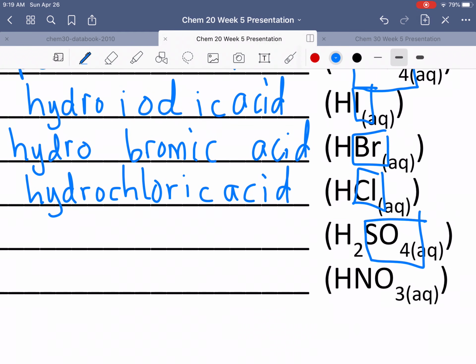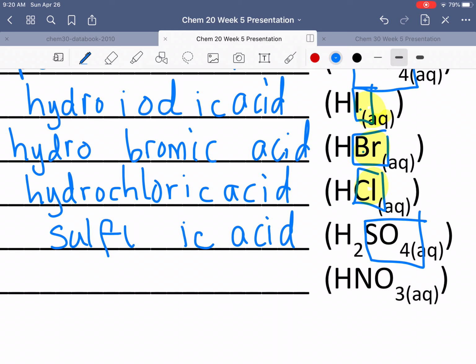Check out the next one. Our anion attached here is SO4 negative, which is sulfate, ATE. ATE gets replaced with ic acid. There's no hydro this time because it's not an anion by itself like we had with iodide, bromide, and chloride. This is a polyatomic ion, sulfate, right? So we end up with, no, it's not just sulfic.